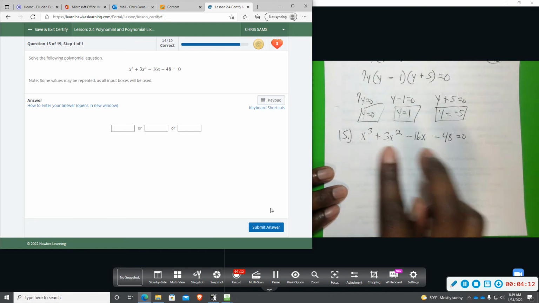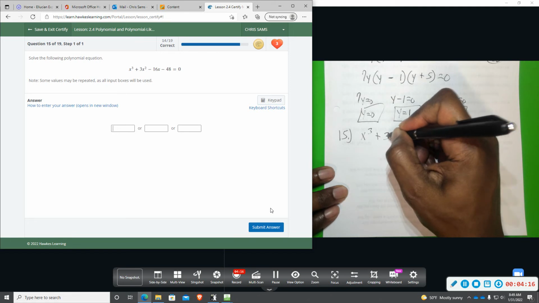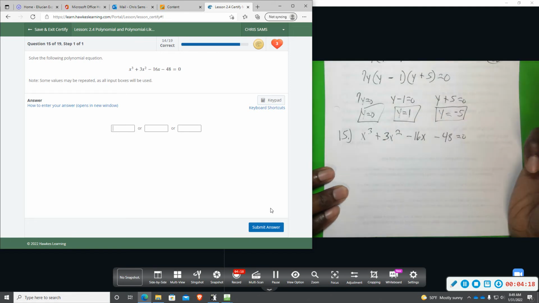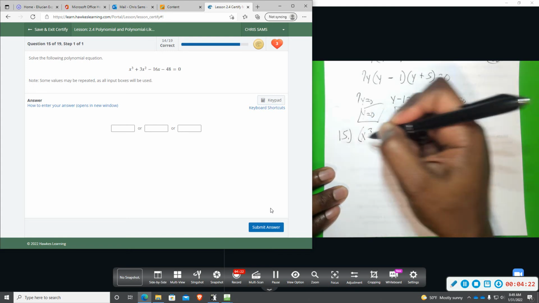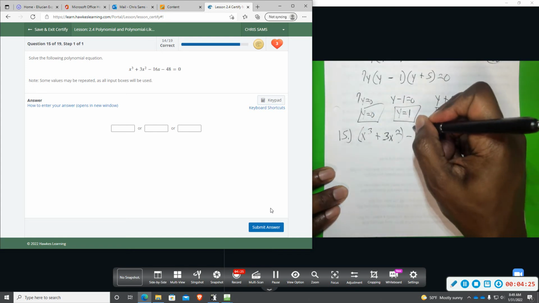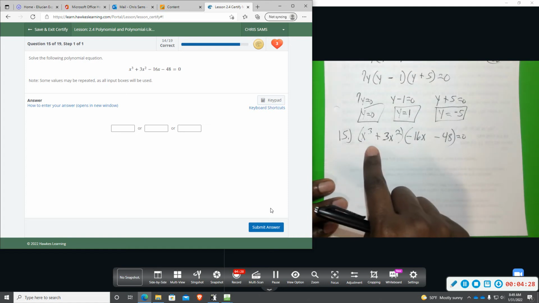Okay, whenever you have 4 terms, we want to do a method of factoring called factor by grouping. And factor by grouping just means we're going to group 2 terms together and then these 2 terms together, and we're going to try to factor these and then see if the problem will factor.